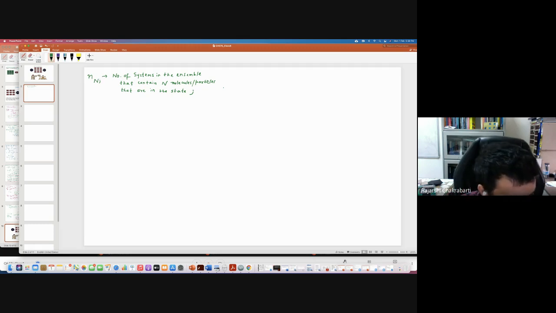Okay, is this clear? The statement is not very difficult. So basically, I'll have to calculate this set, this distribution. Actually, this is what I want to calculate.